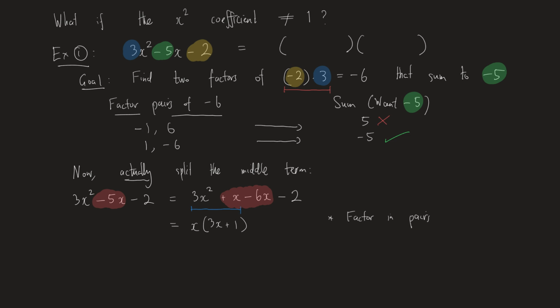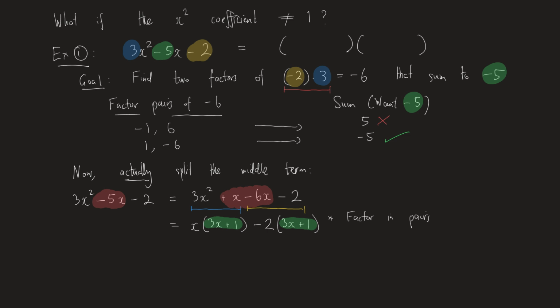And in this second pair, this negative 6x minus 2, I've got a common factor of minus 2 that I can pull out, right? So I've got minus 2, and what does that leave behind? Well, it leaves behind 3x plus 1. And that's worked out really nicely, hasn't it? Can you see why? Well, what I've left behind in each of those terms is 3x plus 1. So we picked the numbers just so that happened.